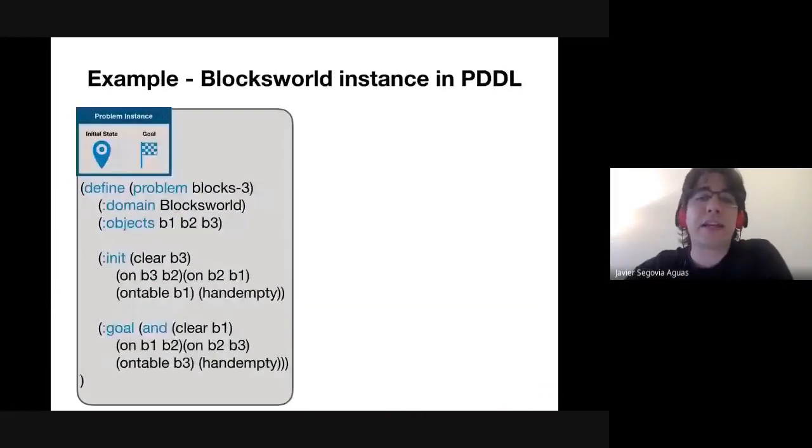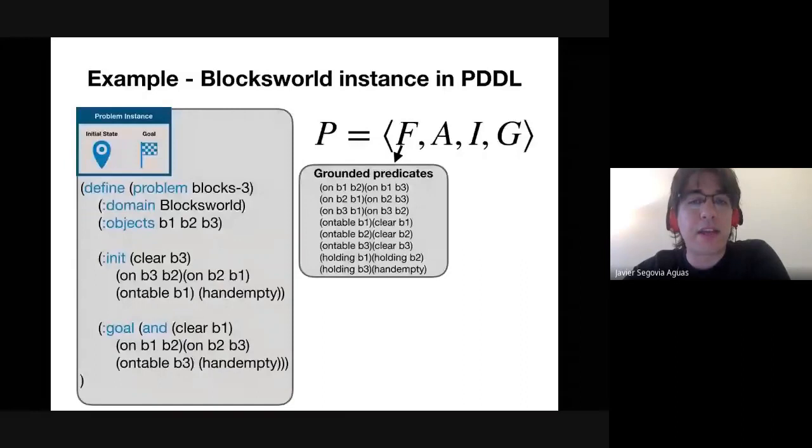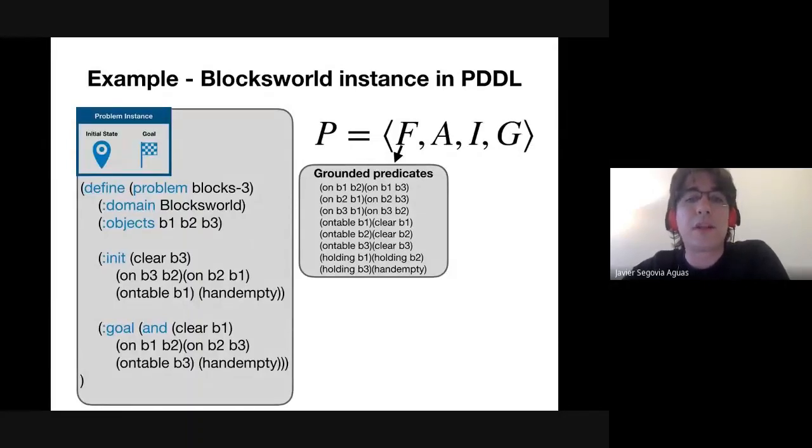The grounded predicates are all possible combinations of objects with all predicates that we have in our domain. So we have the 6 combinations of having a block on top of another one, the 3 combinations of having the blocks on table, the 3 combinations of having the clears, the holdings, and the hand empty.